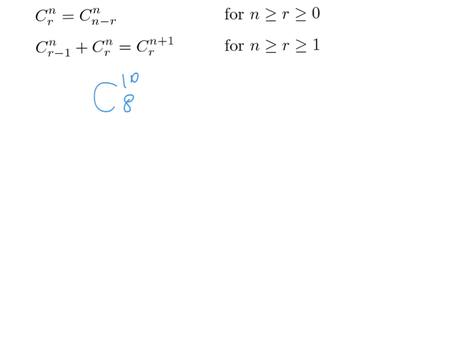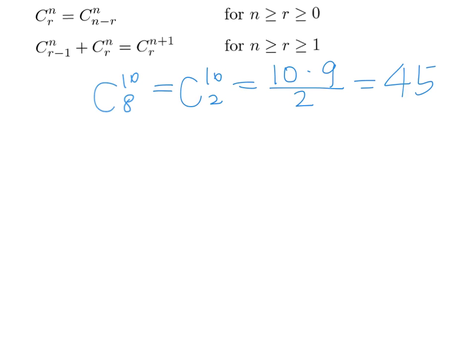Okay, for example, 10C8, by the first identity, is equal to 10C2. And we know that 10C2 is the product of the largest two integers not greater than 10 over 2 factorial, that is 2. So this is equal to 45.